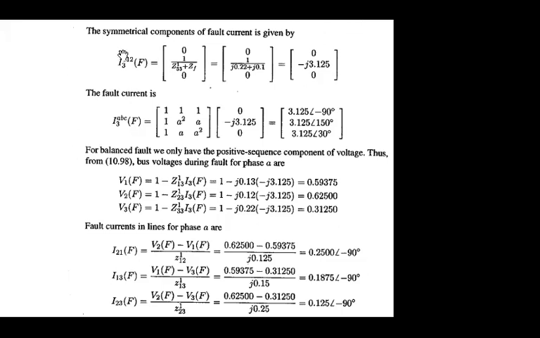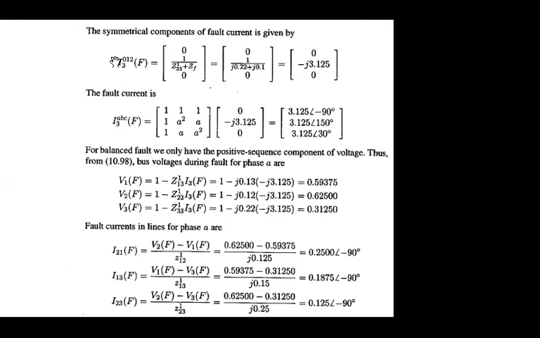Now, as you know, the fault current calculation was done first in the 0, 1, 2 domain. Then it is shifted to the ABC domain. Then we applied that fault current to determine fault voltage for different buses, and then the line current. That means three different steps.